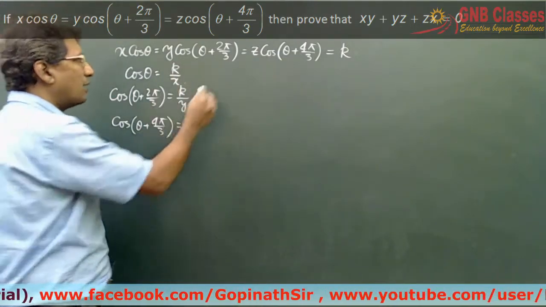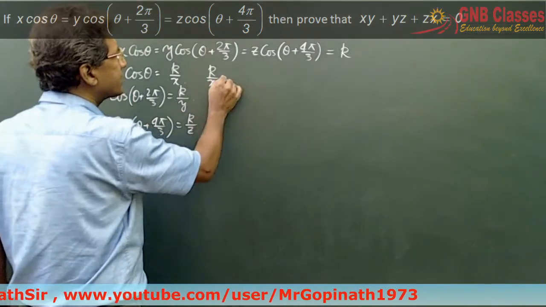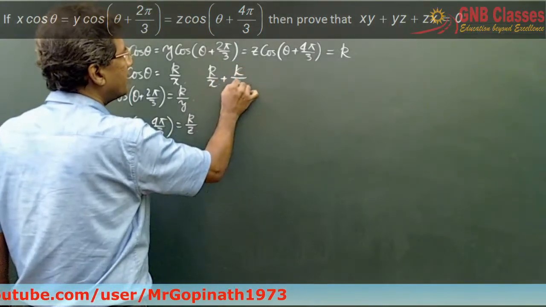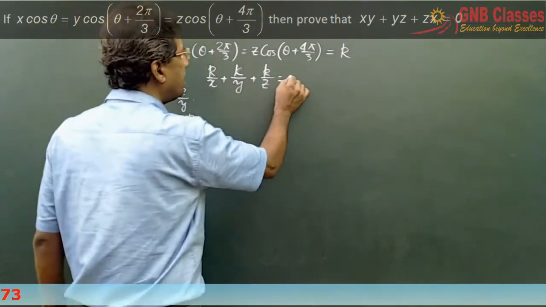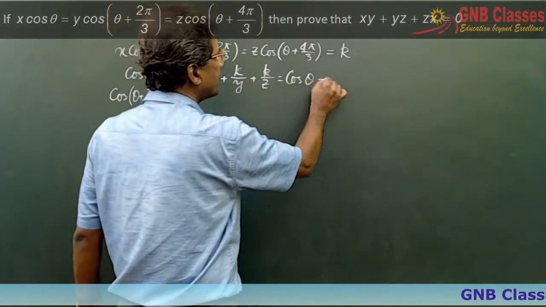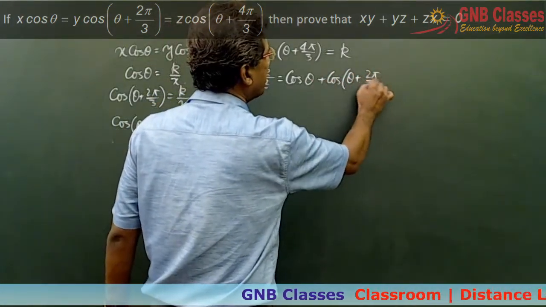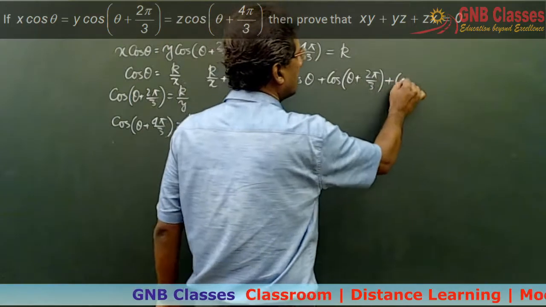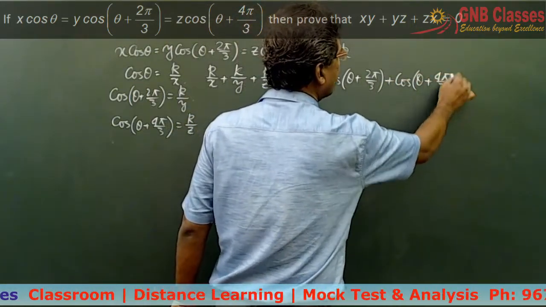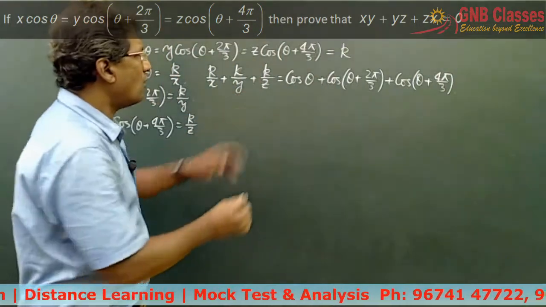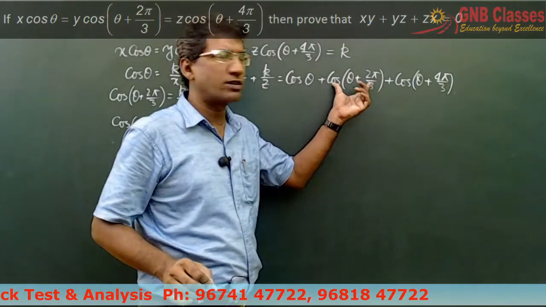Now I am adding the corresponding sides. So k by x plus k by y plus k by z will be equal to cos theta plus cos(theta plus 2 pi by 3) plus cos(theta plus 4 pi by 3). Is it clear? Now I am opening the brackets by using the formula of cos(A plus B).